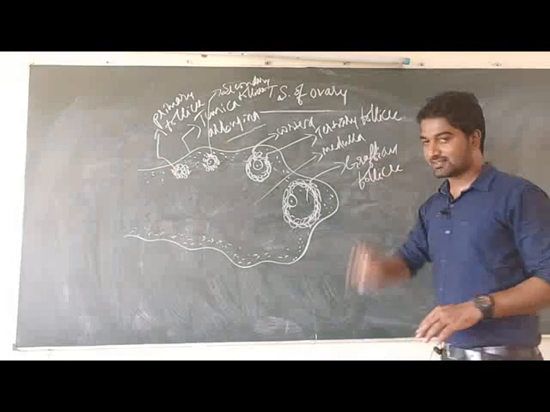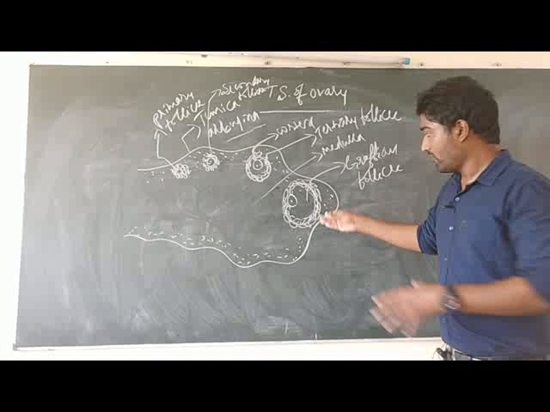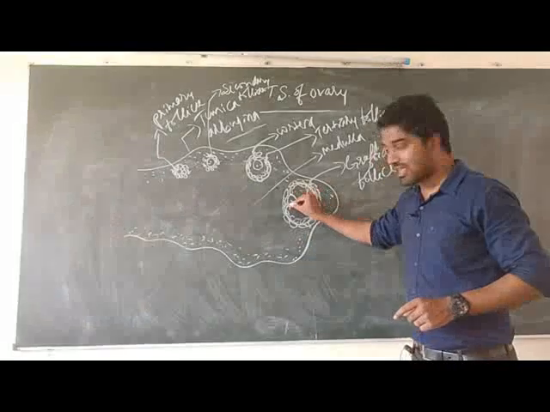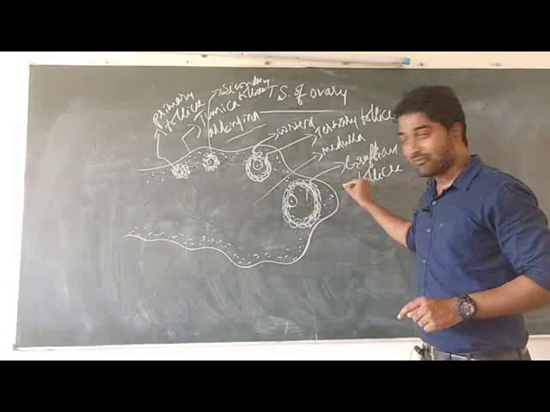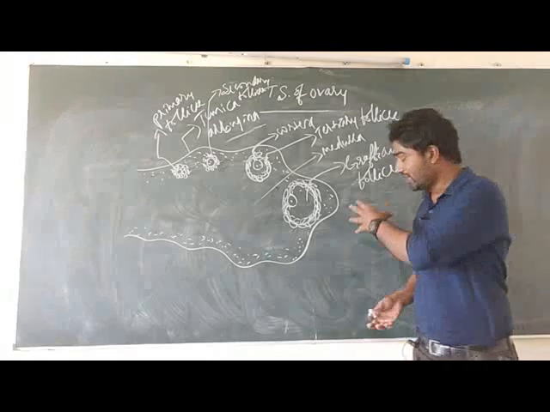This is known as Graafian follicle, and in Graafian follicle we observe a distinct cell and also a cavity. This cavity is known as antrum. That is a fluid filled cavity.